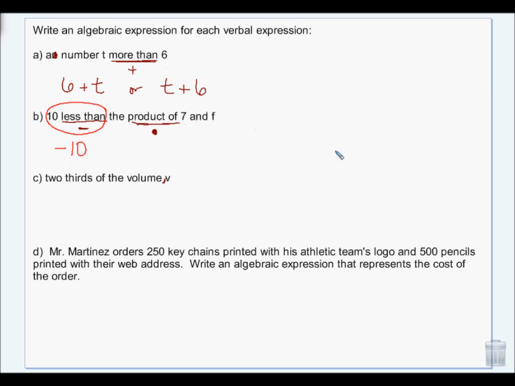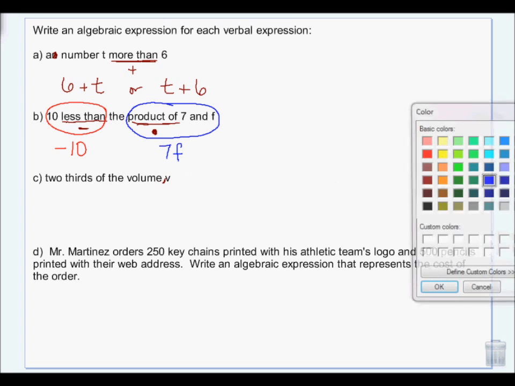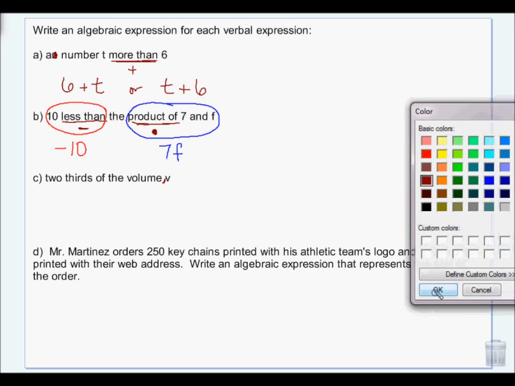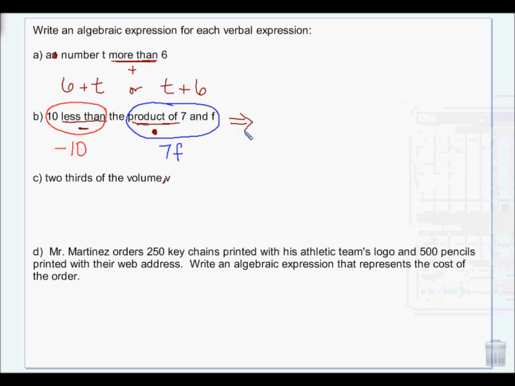Okay. And then we have this part, product of 7 and f. So that part is 7 times f, or you can just do 7f. So when I put these together, it's 7f minus 10.